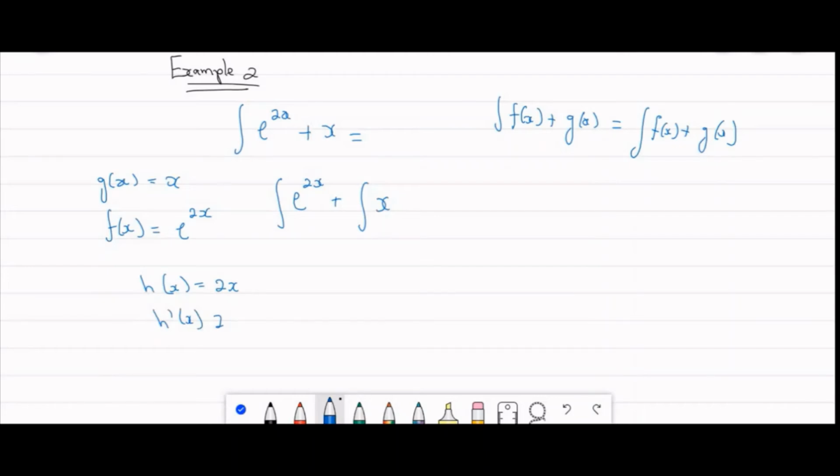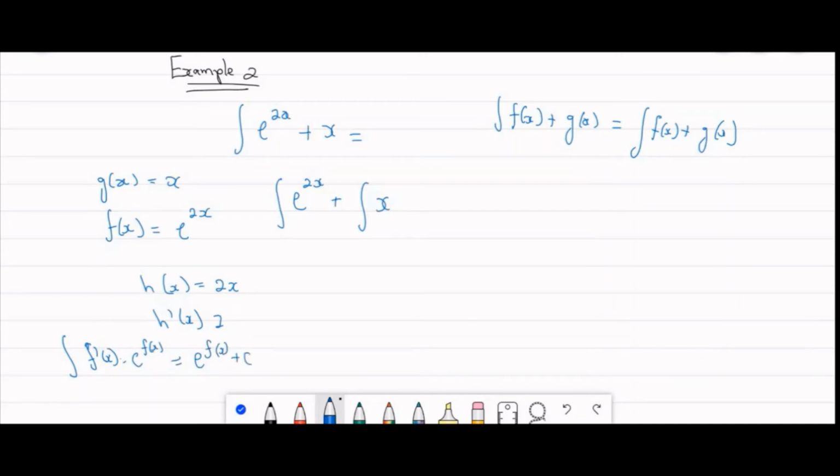So we know that to integrate an exponential, we say f prime of x multiplied by e to the power f of x is equal to e to the power f of x plus c.